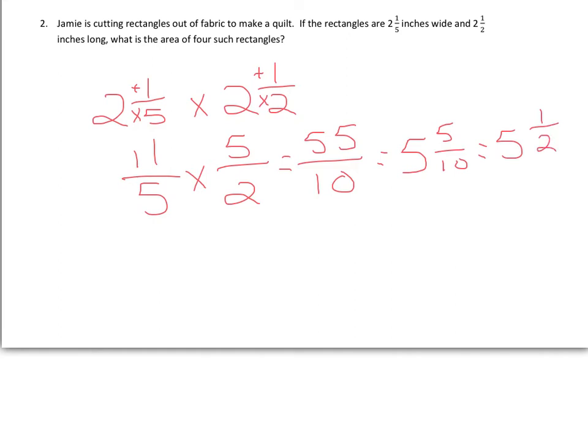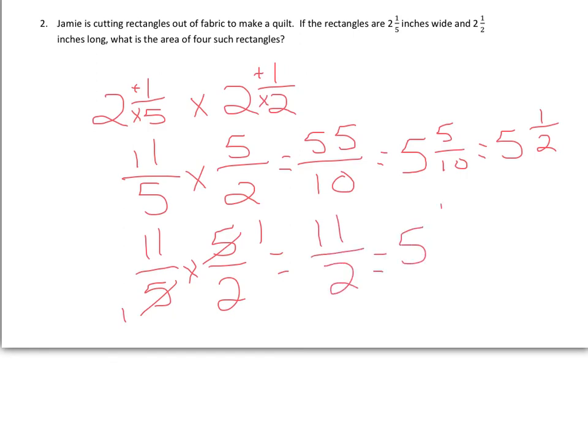You could do cross-canceling here. 11 over 5 times 5 over 2, and the 5s would cross-cancel and be 1s. You would just get 11 over 2, which would again be 5 1/2. Now, we have solved that the area of one of these rectangles is 5 1/2 inches.